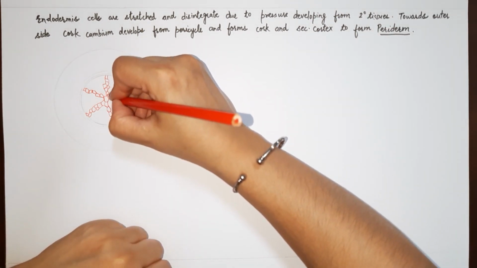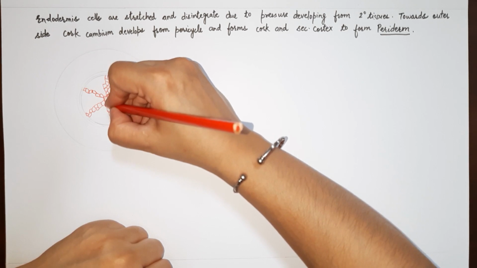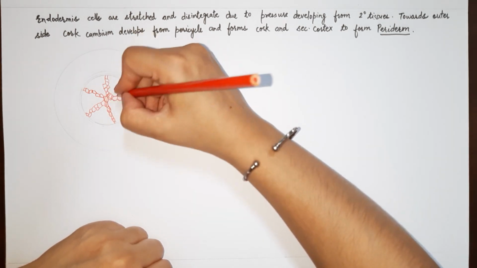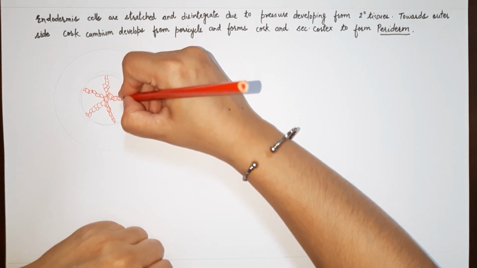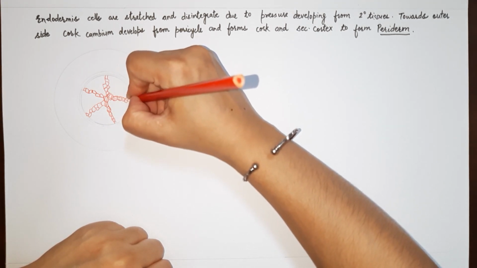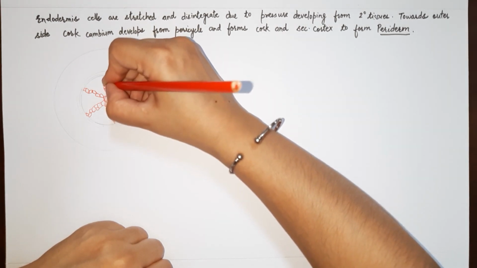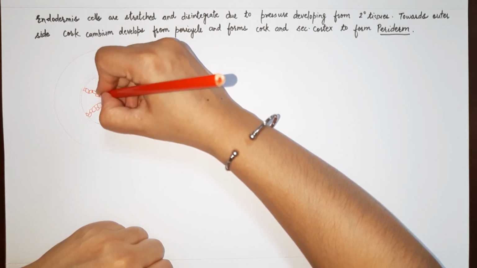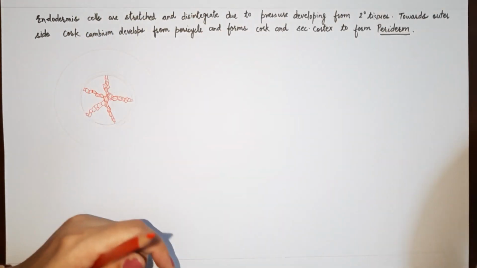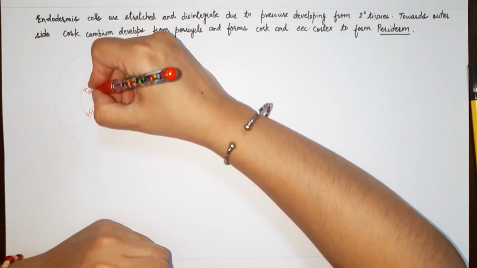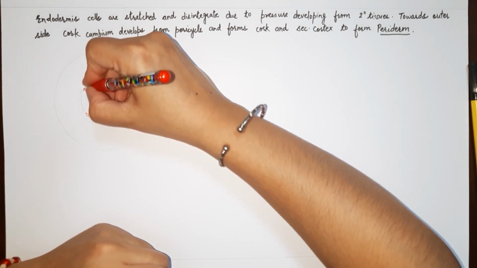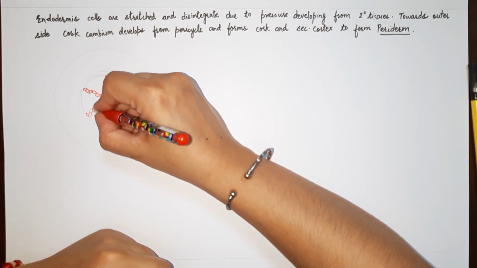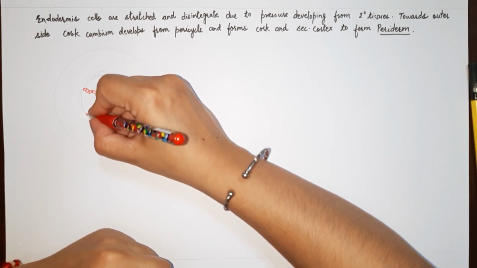So, this is primary xylem. As we have already discussed, the xylem should be double walled, leaving a wide lumen.